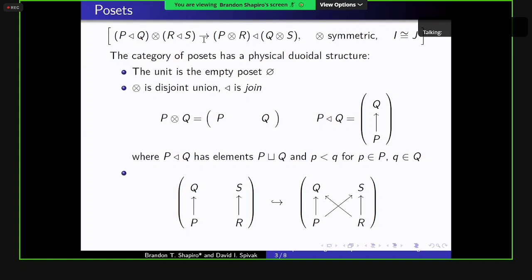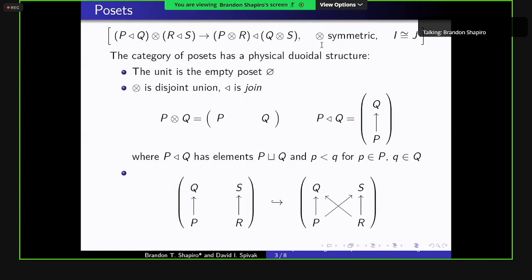But because it's not an isomorphism, you don't get that. So then it would be a braided monoidal category. Well, rather, let me clarify. A duoidal category with that property would be braided monoidal. In this case, we're assuming tensor is symmetric.